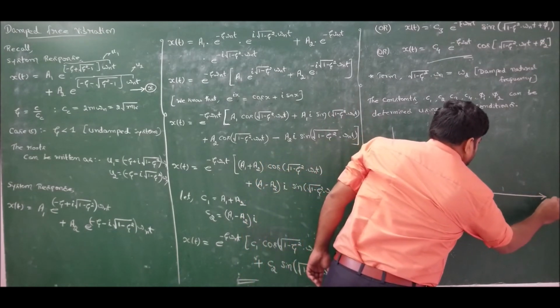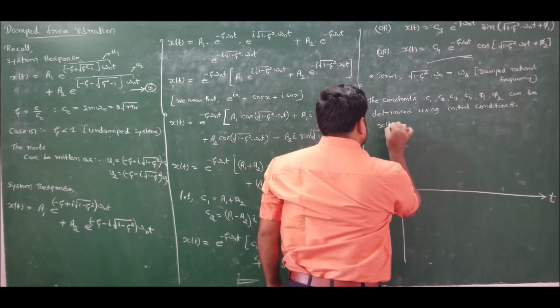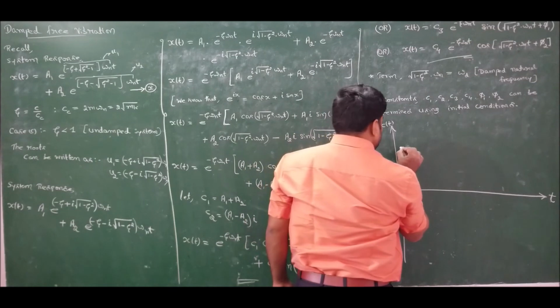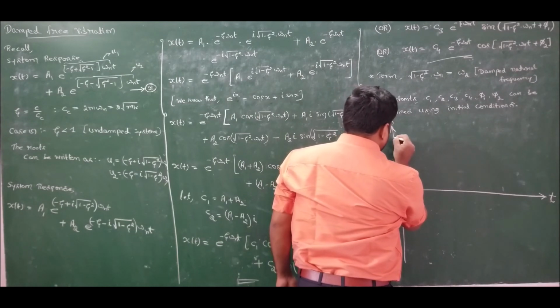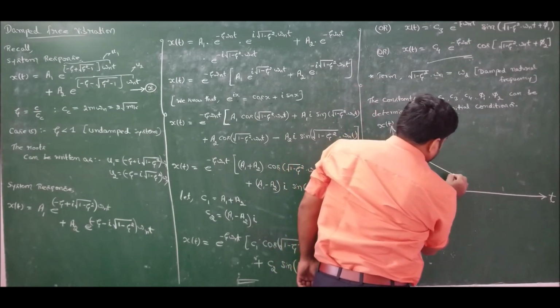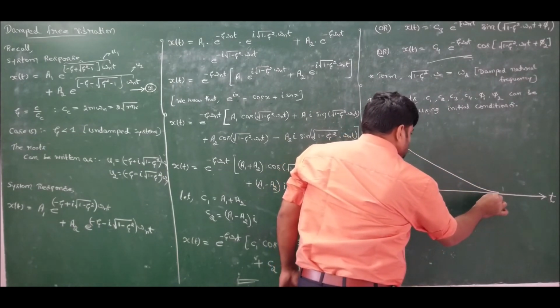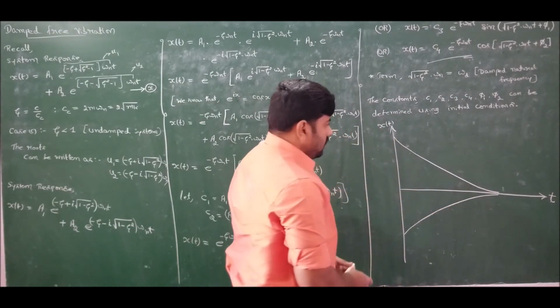This is t and this is amplitude x, which is a function of time. Very first one, if I plot the system response for overdamped system, the amplitude of vibration decreases exponentially to 0.